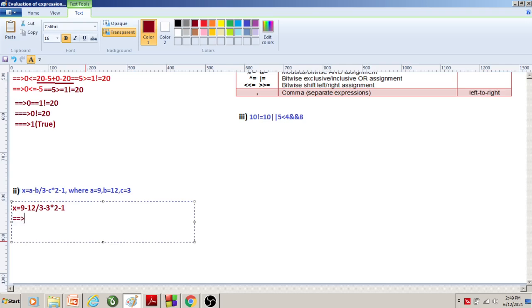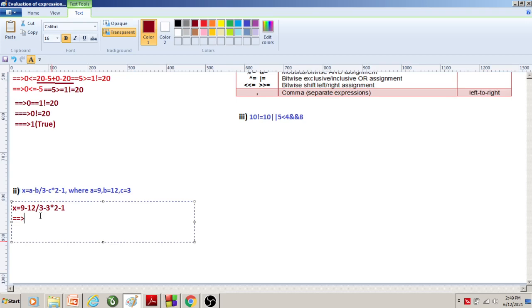So let us start the evaluation. Here we have three subtract operators, one division operation and one multiplication operation. If we look at the precedence of the operators here, divide and multiplication are at the same priority level.